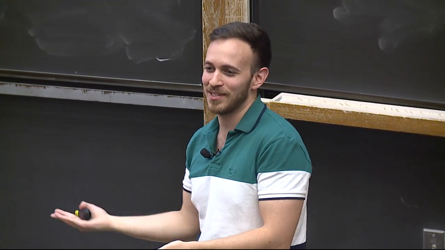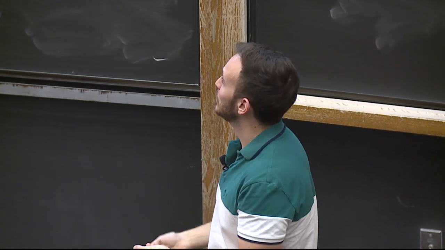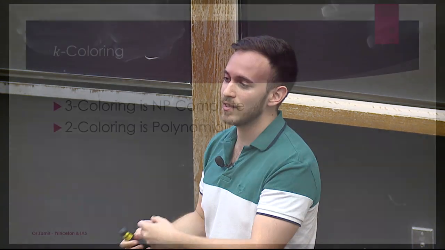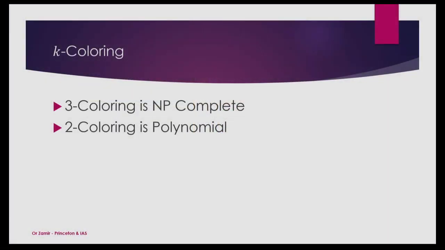This is again from the same paper of Karp about reductions within NP, and it behaves similarly to what we saw before, in the sense that in the more restricted version, in which I give you a graph and a specific k, and just ask whether or not this graph is k-colorable for that k, this is still NP-complete as long as k is at least 3. So 3-coloring is NP-complete. 2-coloring is just asking whether or not the graph is bipartite. This is polynomial, or even linear.